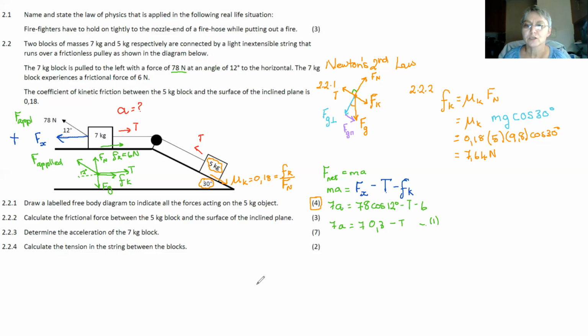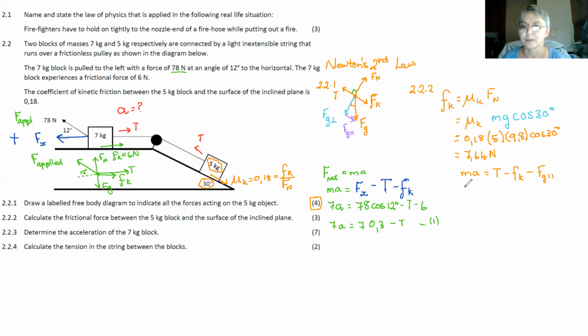That second equation, I'm going to use the 5 kg object. So we start with ma, or the 5 kg, F net, is equal to tension, which is towards the left up the plane, minus the friction, Fk, minus the component of the weight that is parallel to the plane.